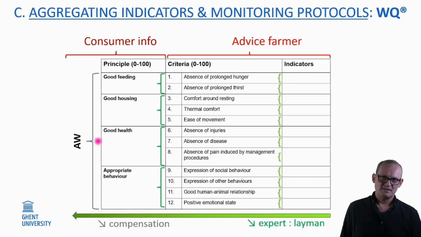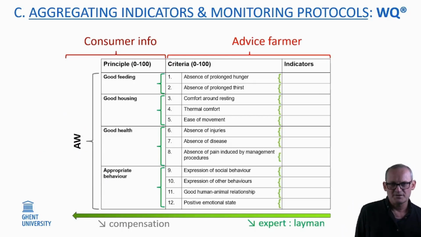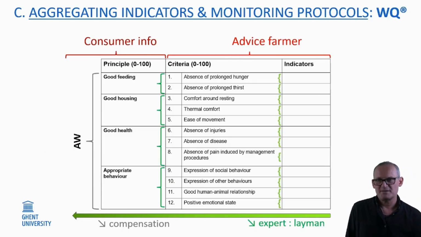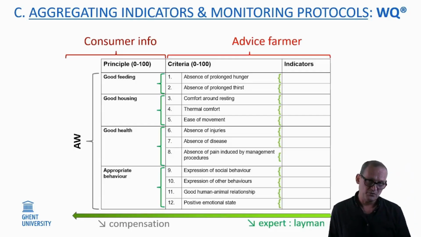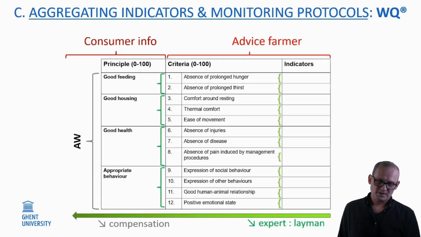Whereas if you go towards the last step of integration, where you get scores for feeding, housing, health, and appropriate behavior from 0 to 100, and you have to say how you would summarize that in an overall welfare score, then you don't need so much domain knowledge, but it mainly comes down to your ethical or philosophical view of these things. And so towards the latter steps of integration, also laymen are included in doing this weighing of the one principle compared to the other principle.